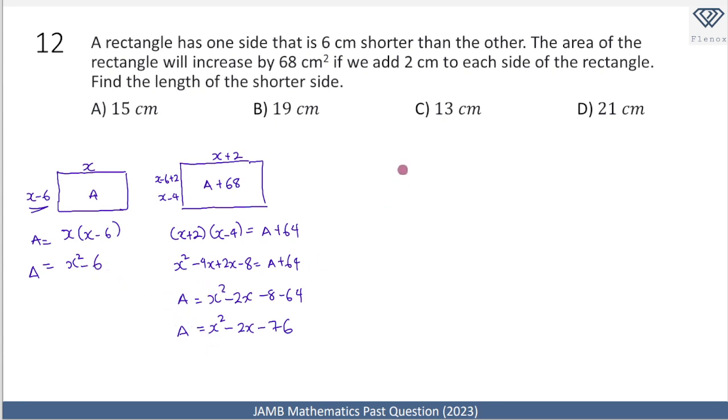So equating them together, since A is both, that means x squared minus 6x must be equal to x squared minus 2x minus 76. Of course, the x squared cancels out. Rather, I made a mistake in the expansion: x times x is x squared, and x times minus 6 is minus 6x.